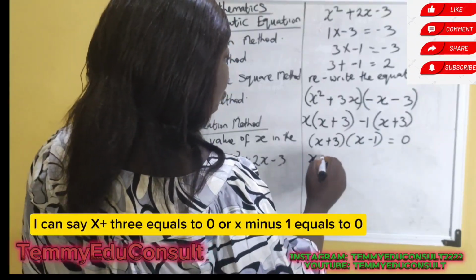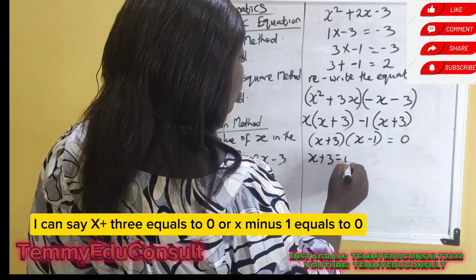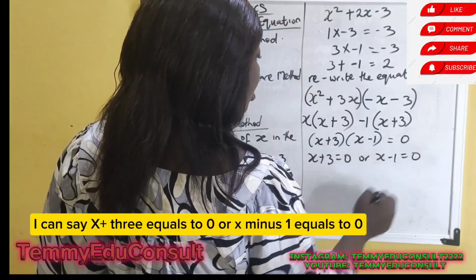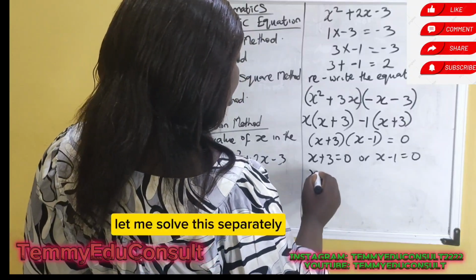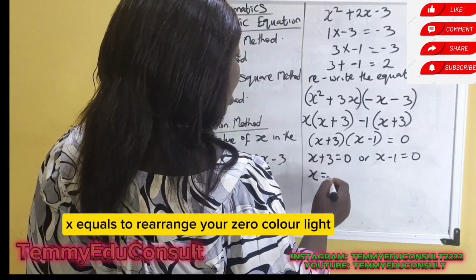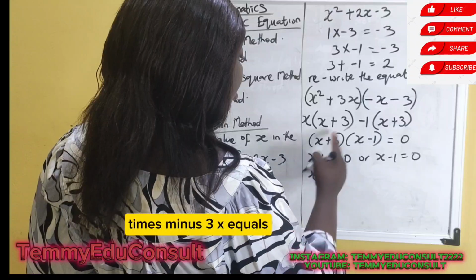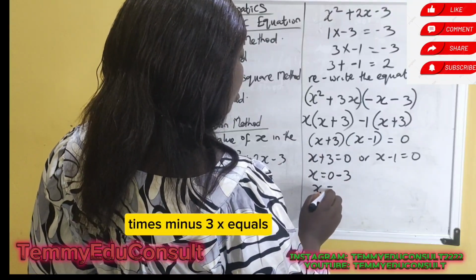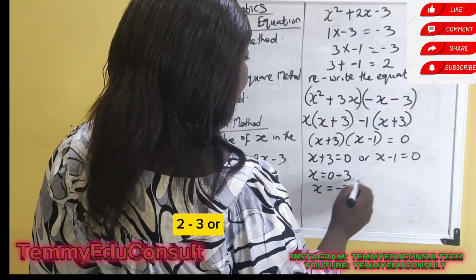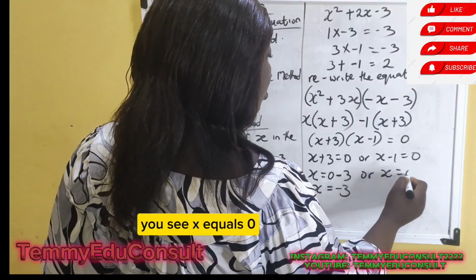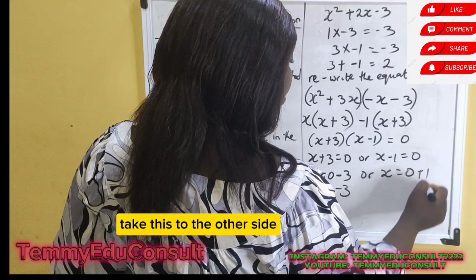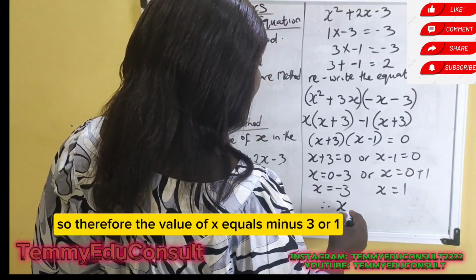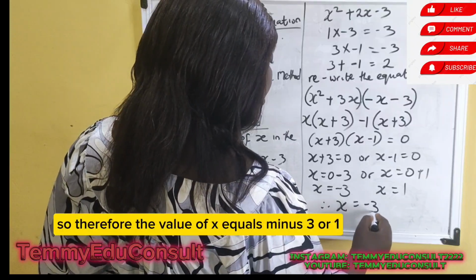I can say x plus 3 equals 0, or x minus 1 equals 0. Let me solve this separately. x equals, rearrange, you have 0, collect like terms, minus 3. x equals minus 3. Or you say x minus 1 equals 0, take this to the other side, plus 1, x equals 1. So therefore, the value of x equals minus 3 or 1.